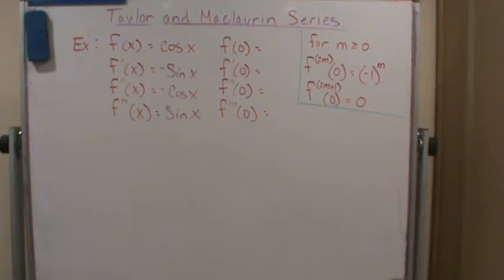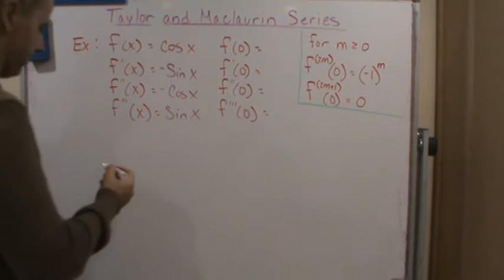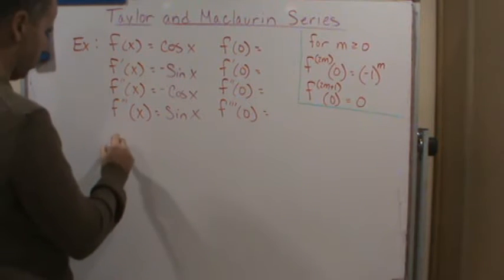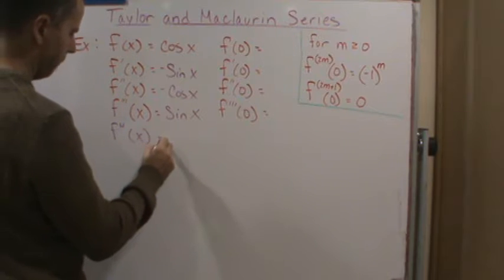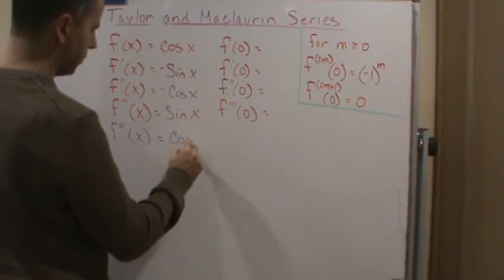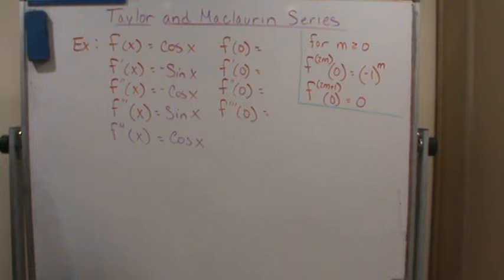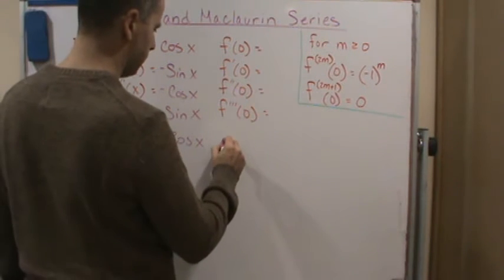Okay, and then the derivative of sine x. So if we go to the fourth derivative, we end up back at cosine x.